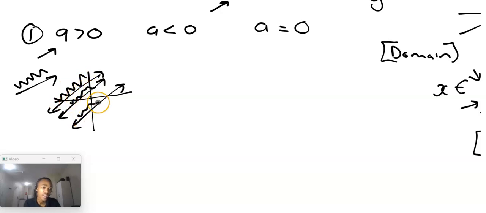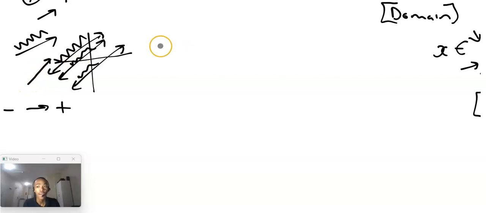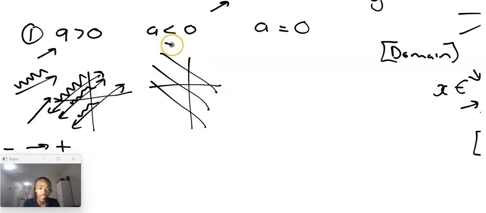Remember that to identify whether a function is increasing or decreasing, you look from negative values to positive values. In this case, from negative we are going all the way up. And here you can see that the function will be decreasing. From negative, you can see that it is decreasing, so our function will look something like this.